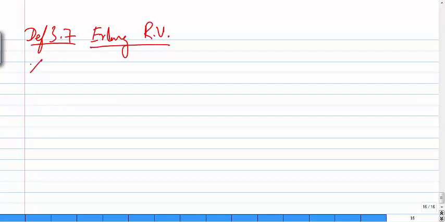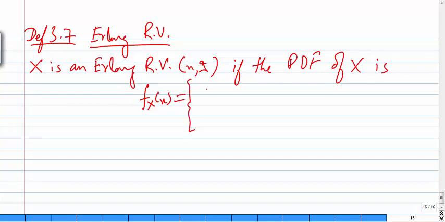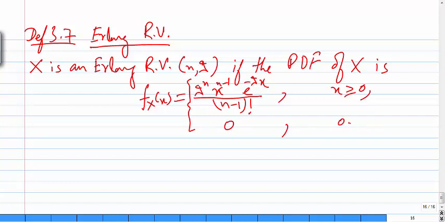X is an Erlang random variable with n and lambda if the PDF of X is lambda to the power n times x to the power n minus 1 times e to the power minus lambda x, for x greater than or equal to 0, divided by (n minus 1) factorial, and 0 otherwise. This is only true when lambda is greater than 0.